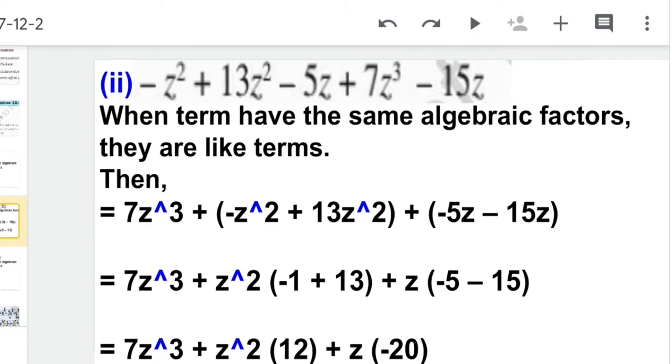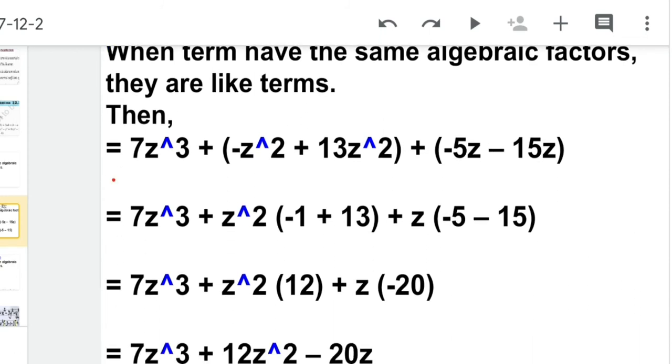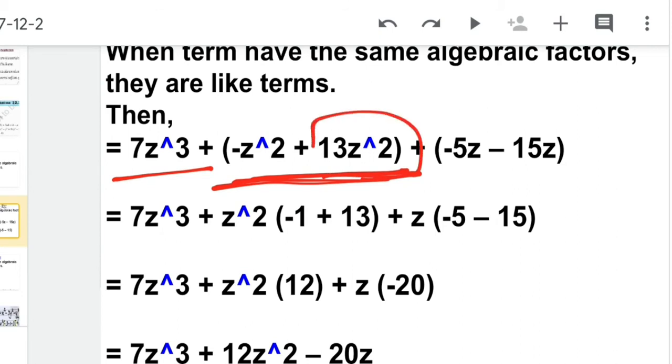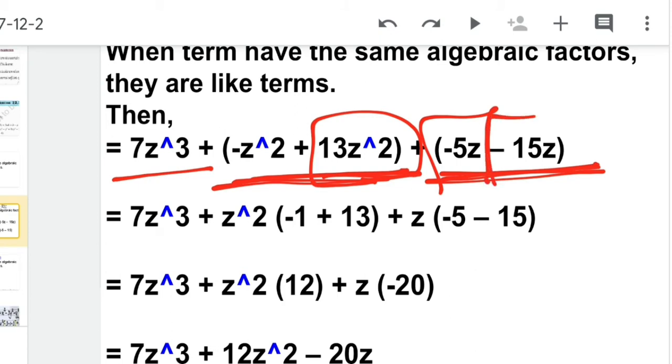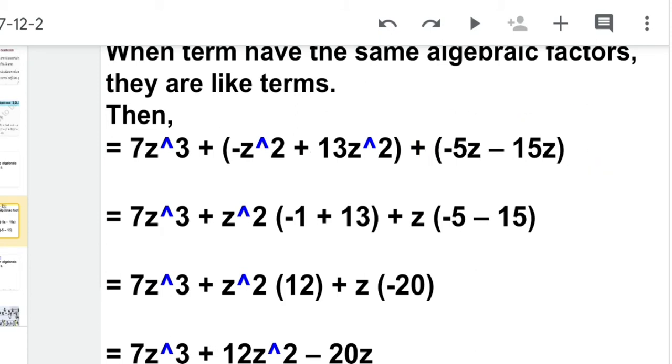Let's see one more example. Second part. First we write all the like terms together. You can see here we have 7z cube. We have only one term for z cube. Second, we have z square. We have two terms of z square, that is minus z square and 13z square. Now at the end we have z, two terms for z, minus 5z and minus 15z.